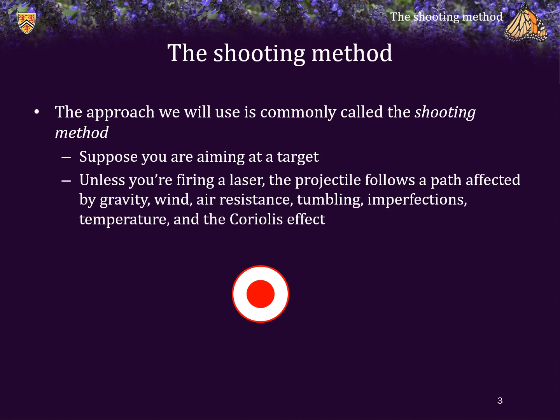Once you're firing over 300 meters, unless you're firing a laser, the projectile is going to follow a path as affected by gravity, wind, air resistance, tumbling, imperfections, temperature, and, interestingly enough, yes, the Coriolis effect, the fact that the Earth is spinning, which in the northern hemisphere will have the nasty habit of moving the target to either the left or the right of your point of aim.